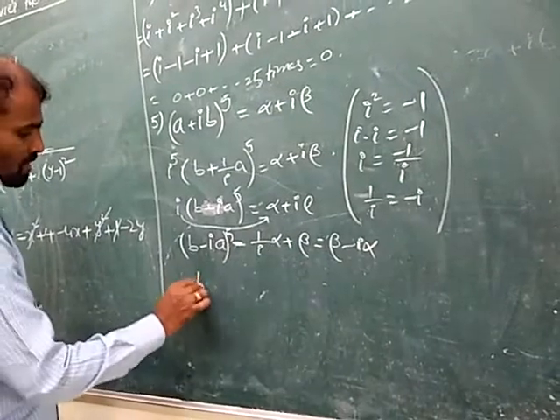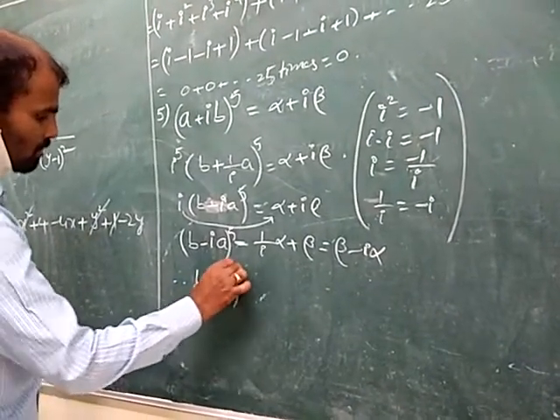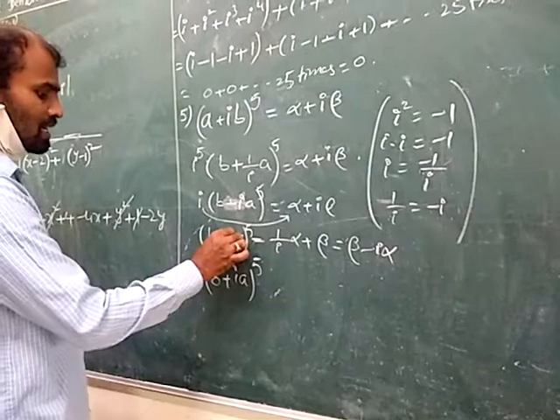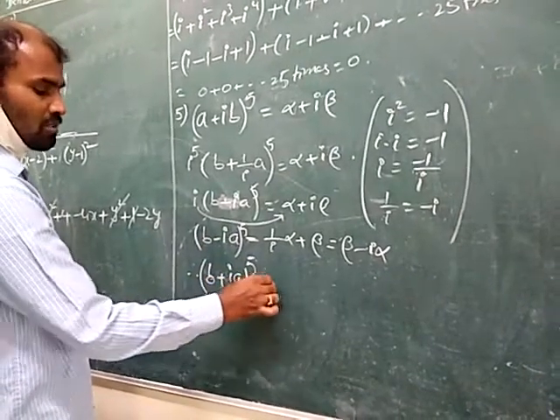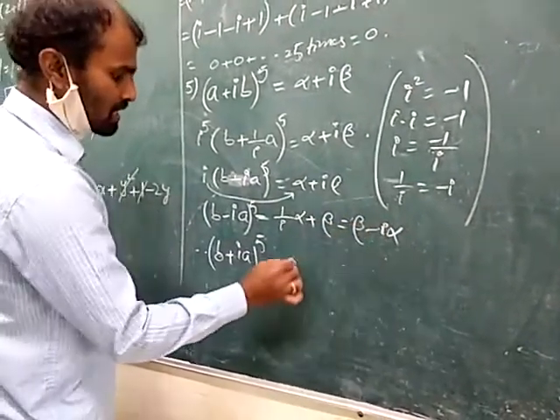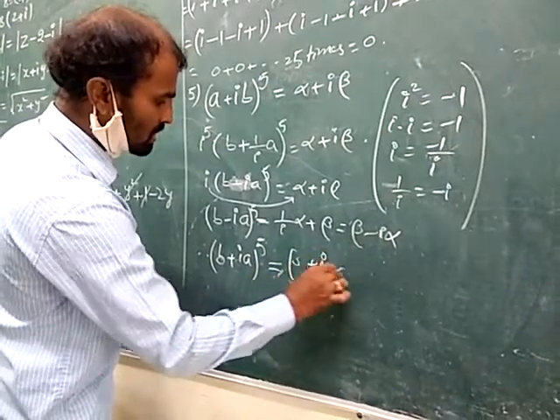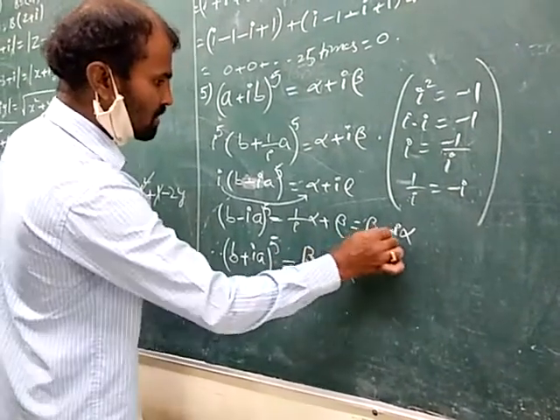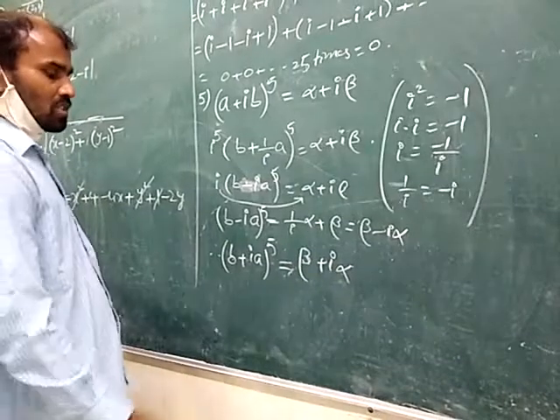We require (b plus Ia) whole power 5. So b minus Ia and b plus Ia are conjugate to each other. So beta minus I alpha conjugate is beta plus I alpha. Beta plus I alpha and beta minus I alpha are conjugate to each other.